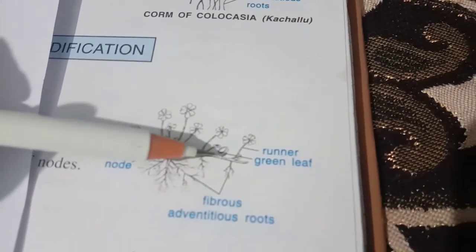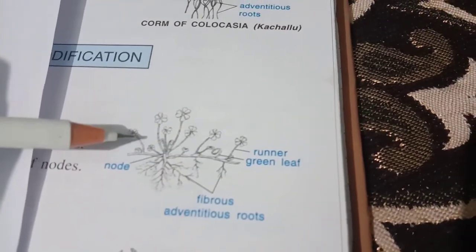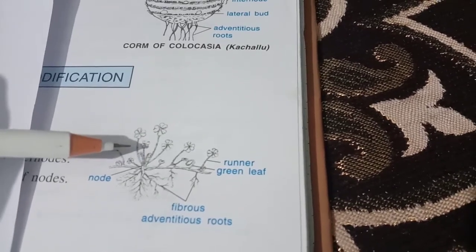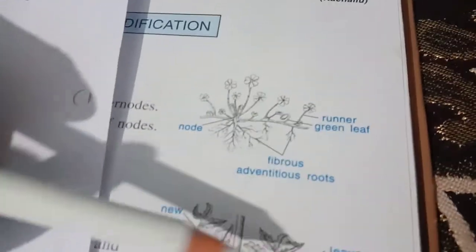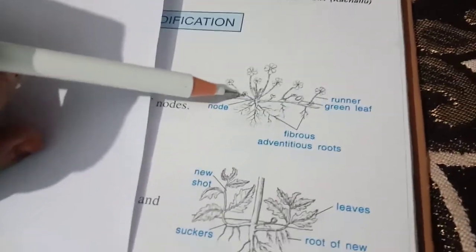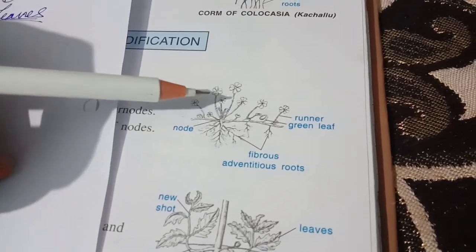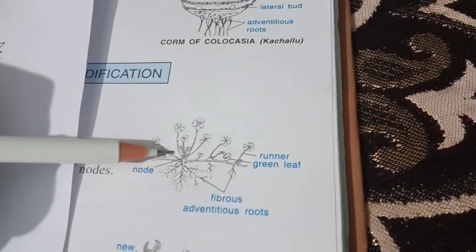So if you take some grass, like Cynodon dactylon, that is the scientific name, and grow it in one part of the garden, soon you'll find that it covers the whole garden. That is because of this way of reproduction called vegetative propagation.